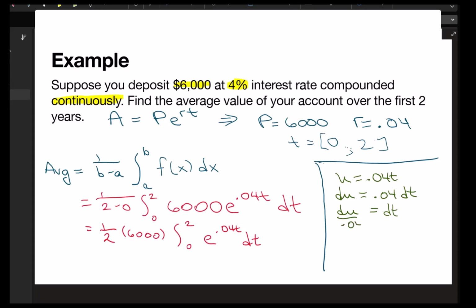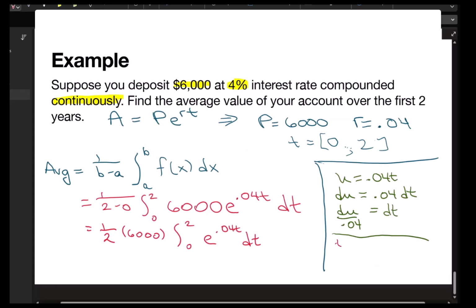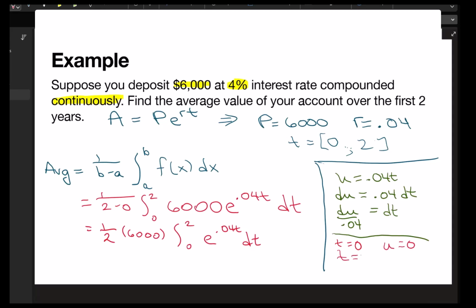I get du over 0.04. And then if I want to change my bounds so I don't have to put it back into t form, when t equals 0, u equals 0. And when t equals 2, u is equal to 0.08.